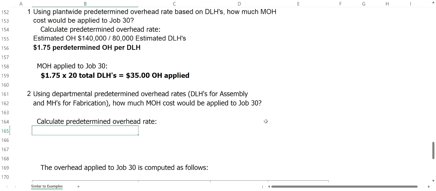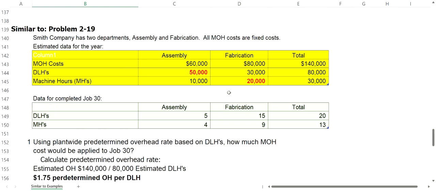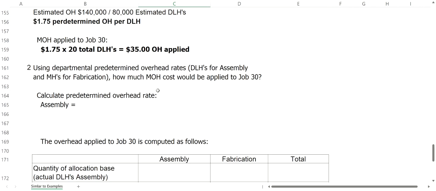Okay, let's go ahead and start with assembly. I want to do what I did before. I want to take the estimated overhead and divide it by the estimated direct labor hours, because remember, it's based on direct labor hours. So I go up here for assembly. I'll highlight in red the numbers I'm using. 60,000 is the estimated overhead for assembly, and 50,000 is the estimated direct labor hours.